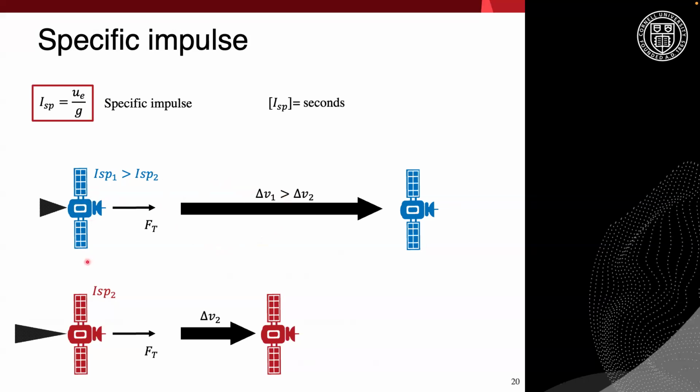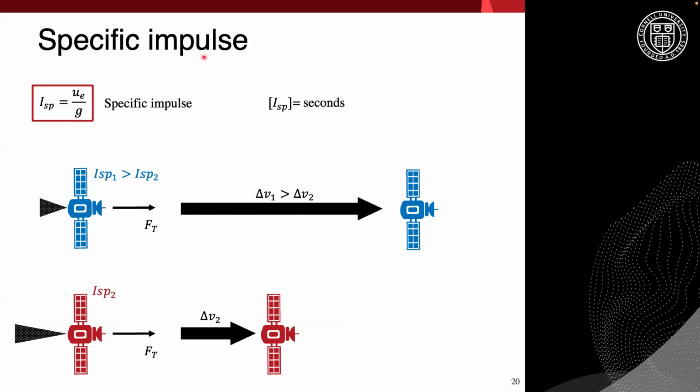The mass flow rate will be smaller compared to the red one. So if the thrust is the same and the size of the tank is the same, the blue one is going to achieve higher delta V. So the blue one is more mass efficient compared to the red one. So the specific impulse is a metric of mass efficiency.